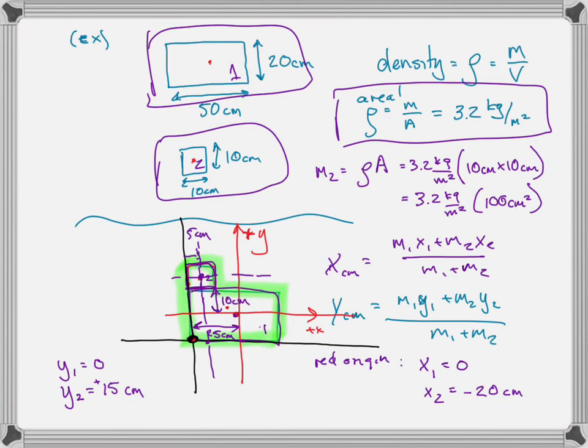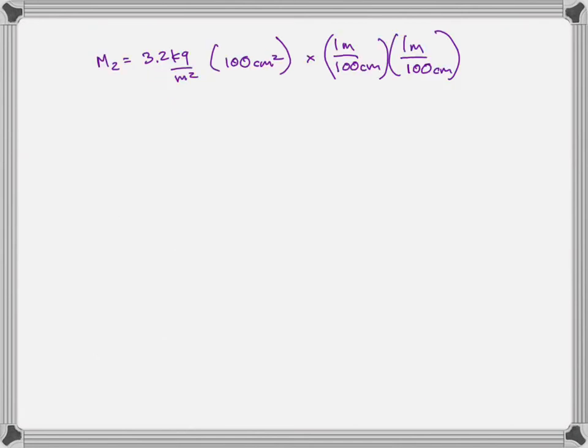This is a unit conversion issue, where on the first exam a lot of you did not quite get it right. You got to convert centimeters squared to meters squared. So I'm going to go ahead and do that. I have to convert 1 meter to centimeters, and because it's centimeters squared, I have to convert the centimeters to meters twice.